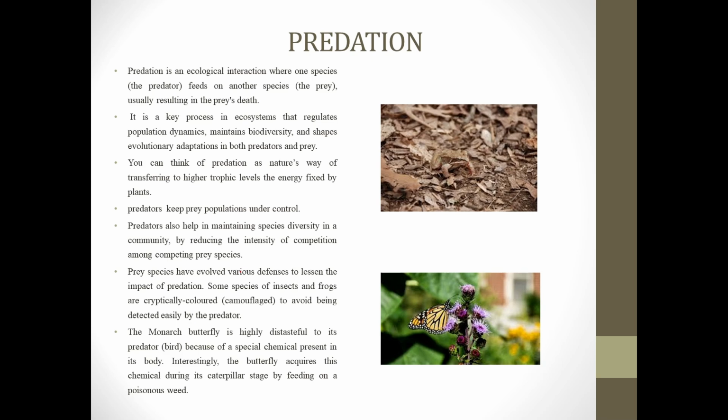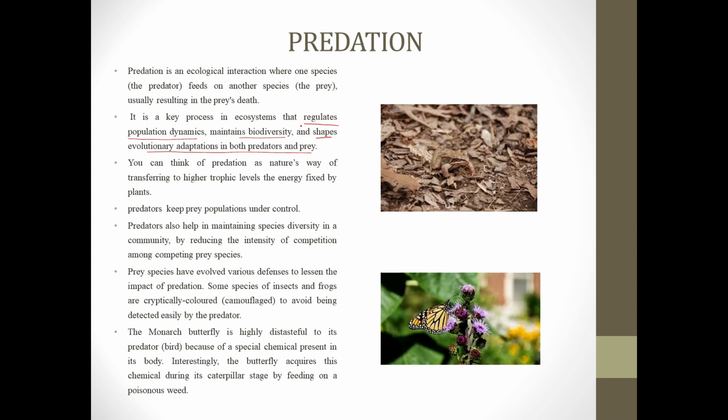The one which feeds is known as the predator, while the other species is known as the prey. So predation is a key ecological process. And how is it a key ecological process? It regulates population dynamics, it maintains biodiversity, and it shapes evolutionary adaptation in both prey and predator.